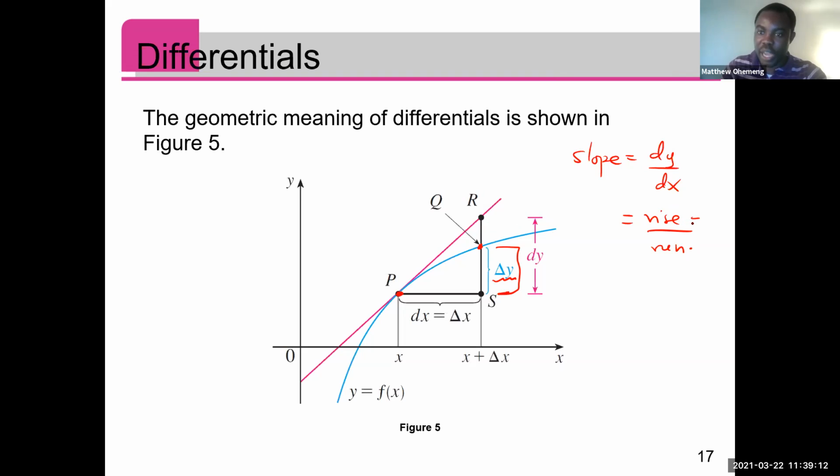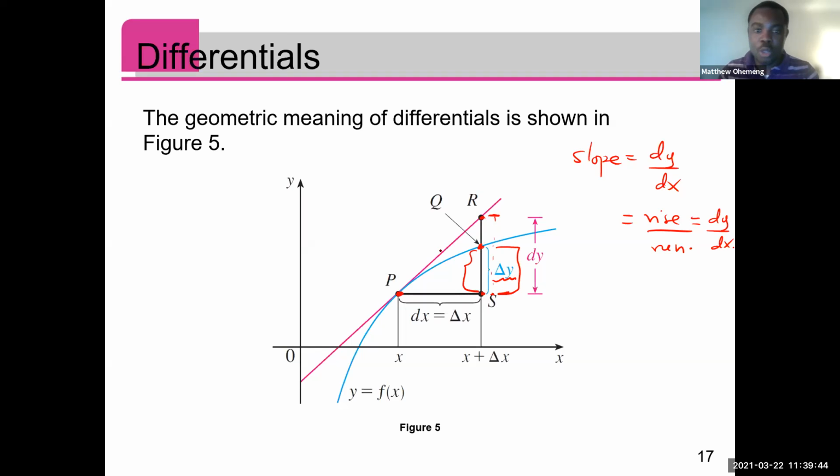So the rise in the tangent line, from here to here, is very close to the actual change in the function, which is delta y. That means we are going to be able to use dy to approximate the values of delta y. That's the idea, because they are very close.